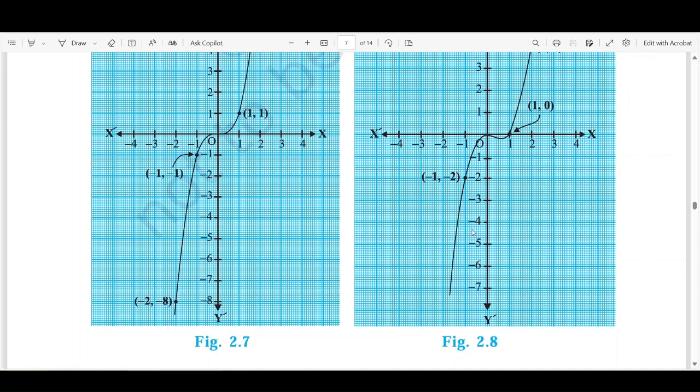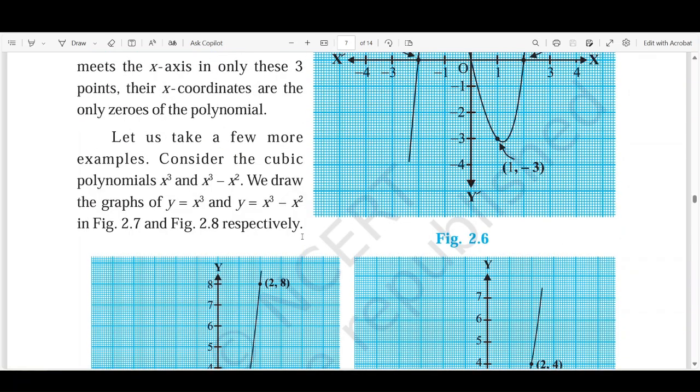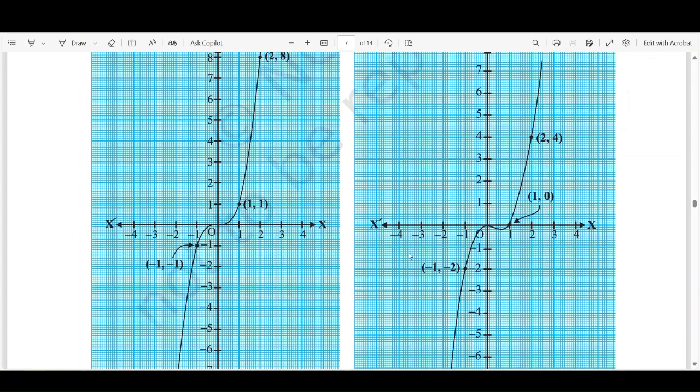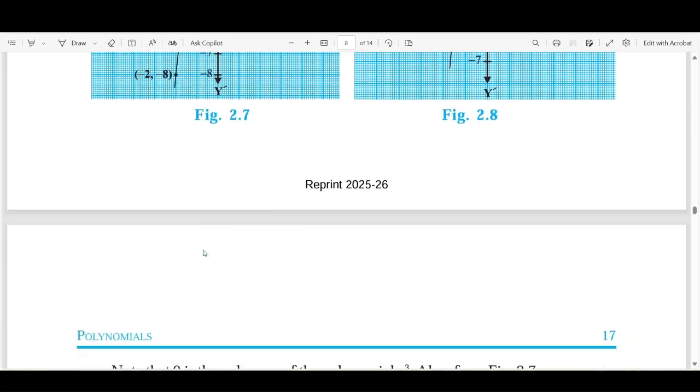For the figure 2.8, that is for the function y equal to x cube minus x square, the graph intersects the x-axis at two different points, 0, 0 and 1, 0. Therefore, for this cubic polynomial, we have 2 zeros, whereas for this cubic polynomial x cube we have only 1 0, right?